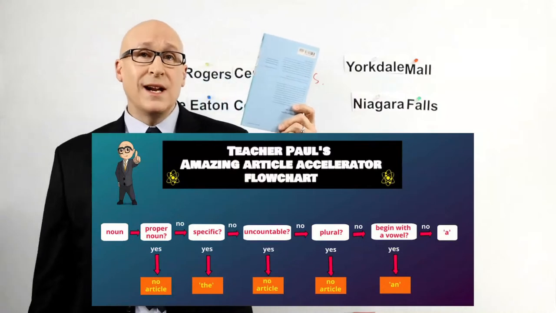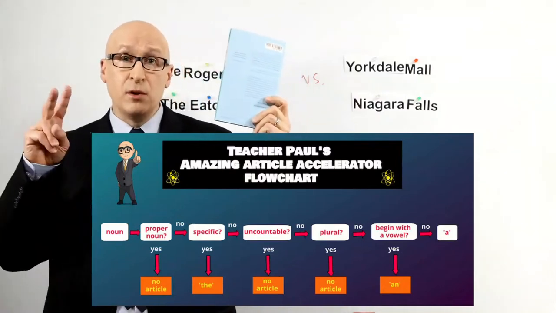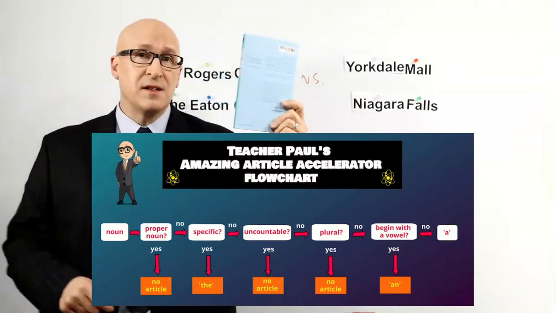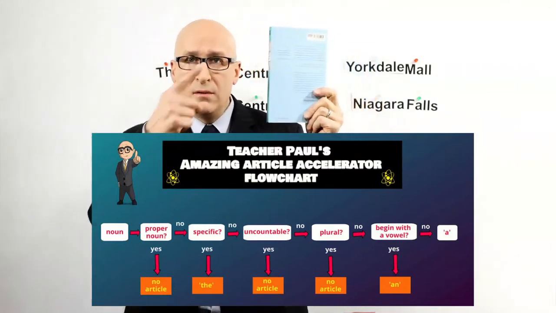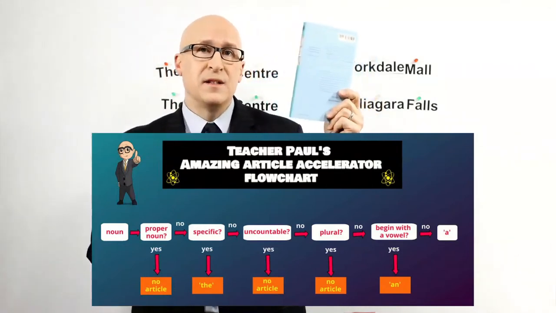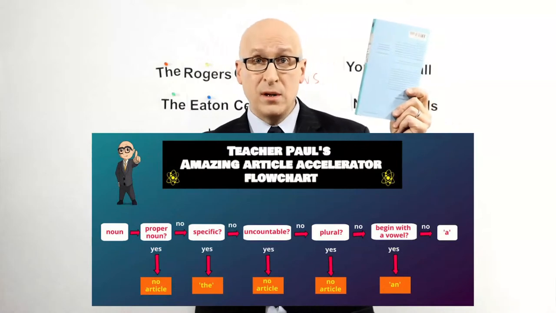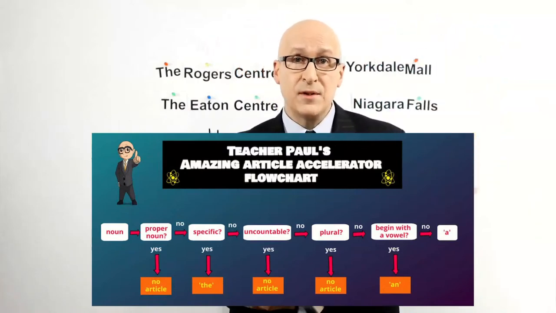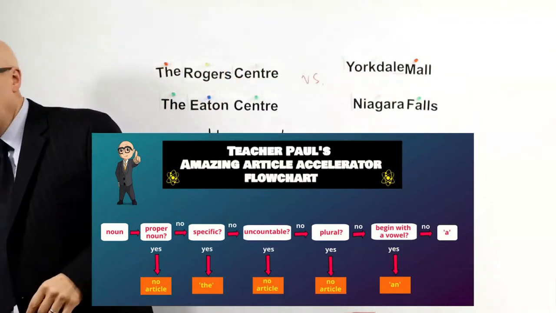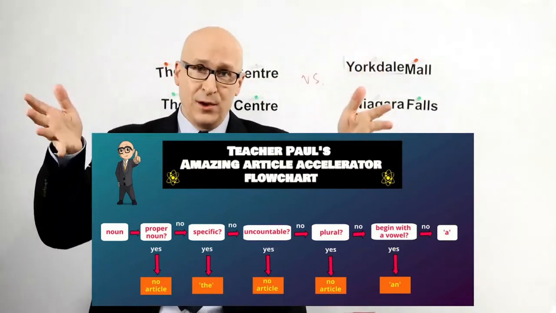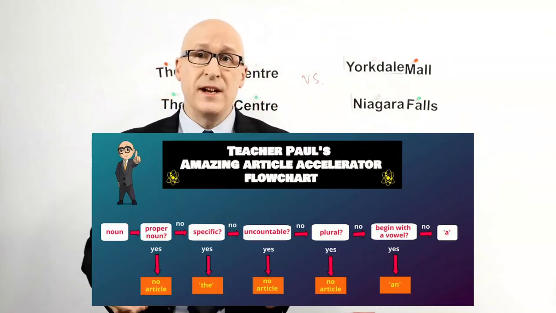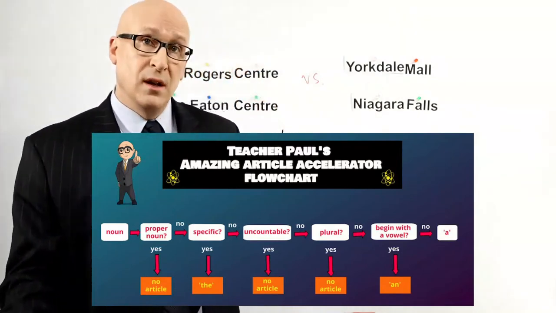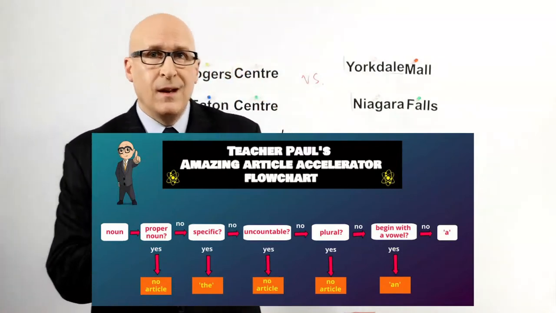Is it uncountable? No, you can have one or two books. So we go to the next question. Is it plural? No, there's only one in my hand. Does it begin with a vowel? The word B for book? No. So we say a book, right? So it's like a checklist. It's a really good tool for learners to develop their understanding of how to choose articles.